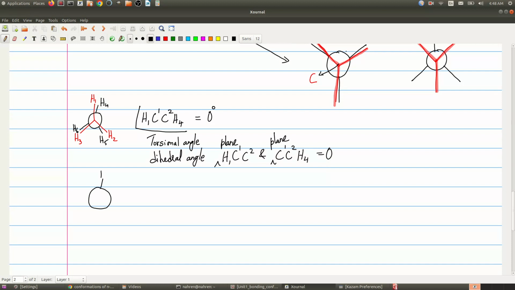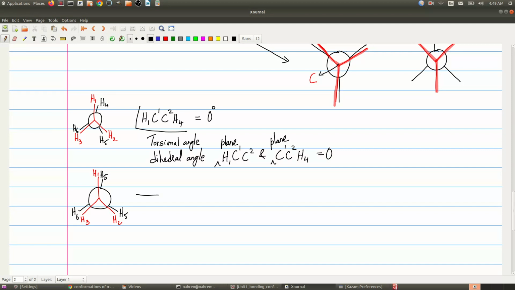Let's fix the positions of all the hydrogens attached to C1, and only rotate the hydrogens attached to C2.